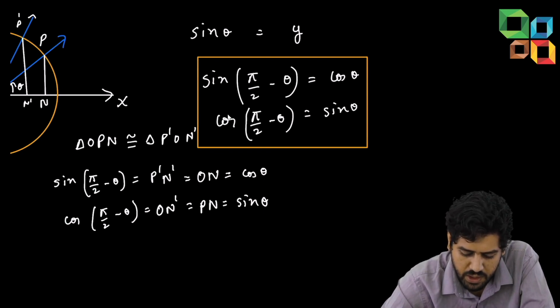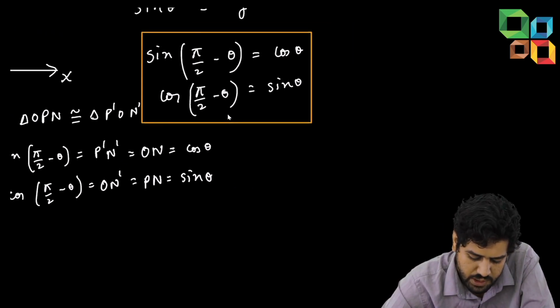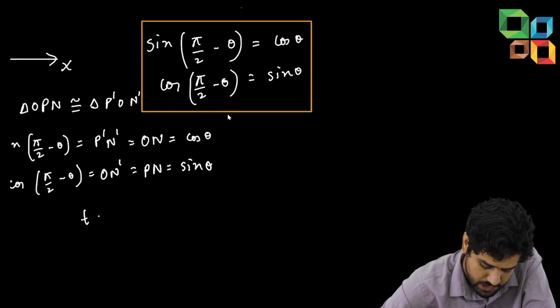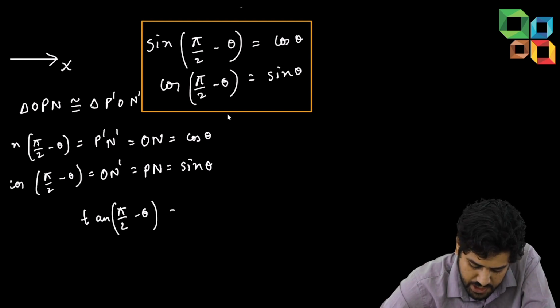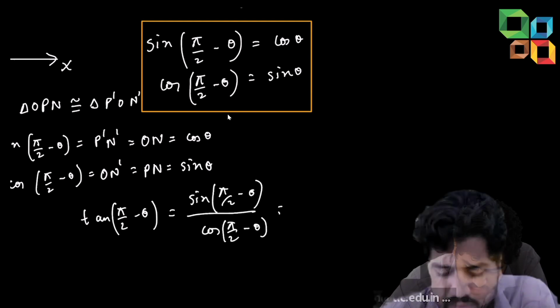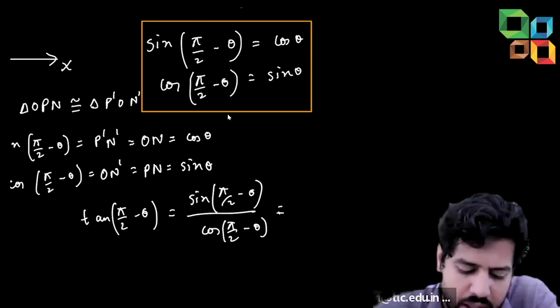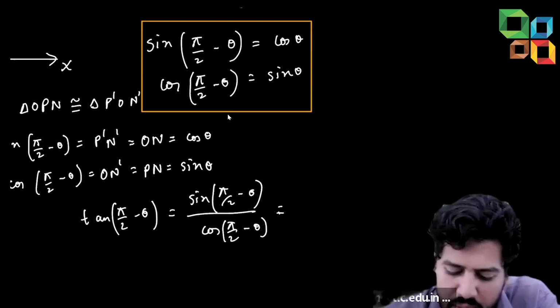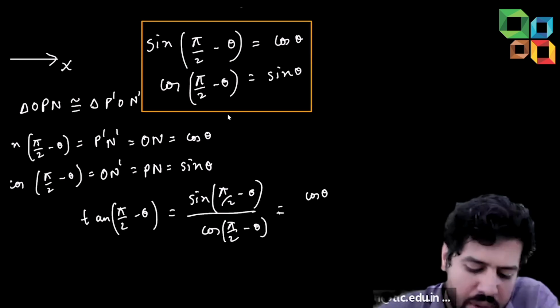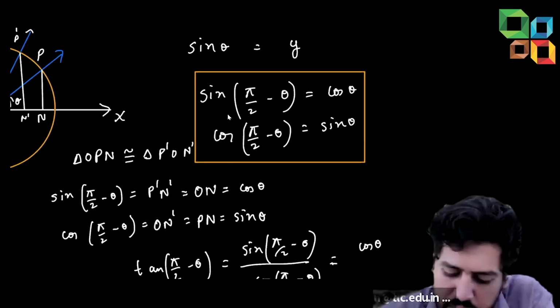Now using this, you can derive the expression for tan of pi by 2 minus theta. What will be tan of pi by 2 minus theta? It will be sine of pi by 2 minus theta, which we saw is cos theta, and cos of pi by 2 minus theta we saw is sine theta.